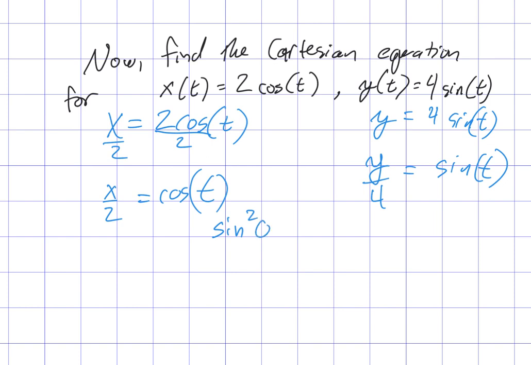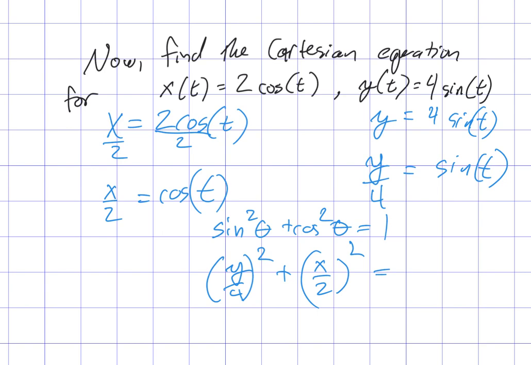Sine squared of theta plus cosine squared of theta equals 1. So here we have t instead of theta, but it still works. So sine squared plus cosine squared equals 1.